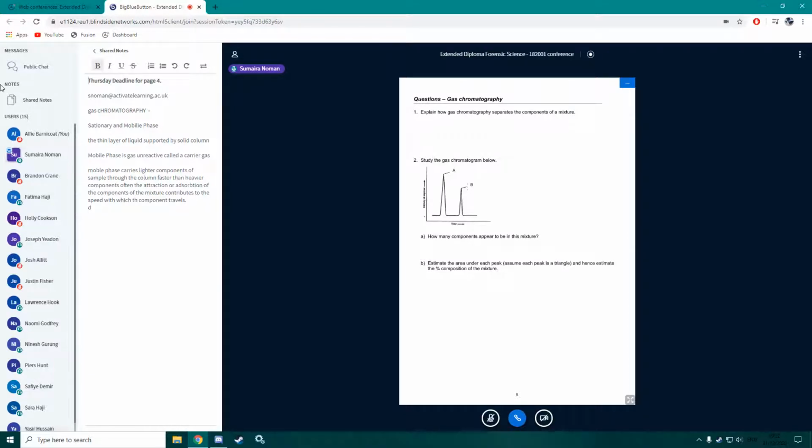And the detector detects the time of arrival of molecules and the number of molecules arriving at a given time.